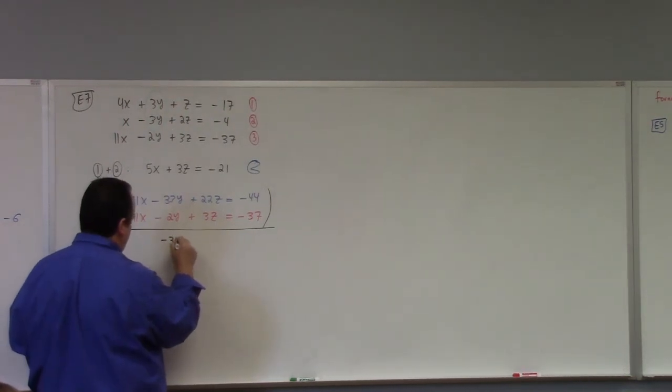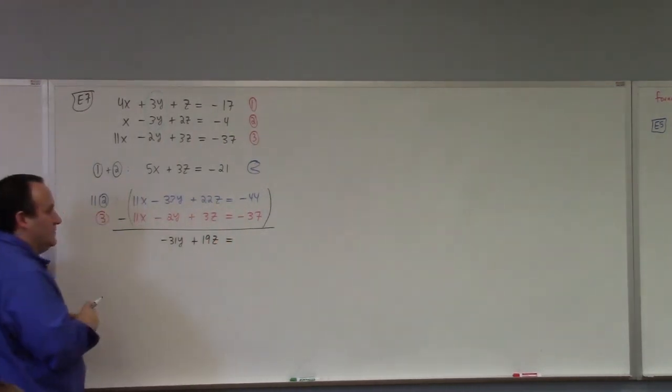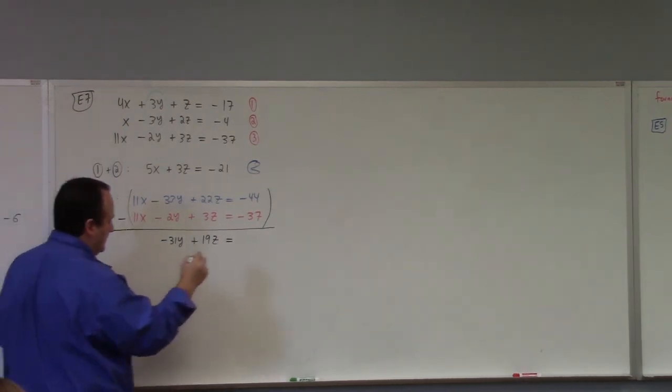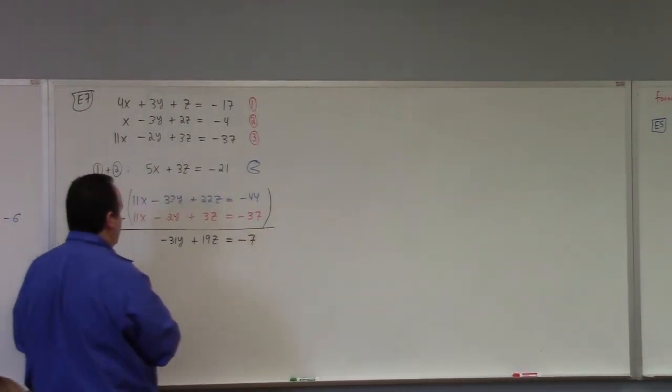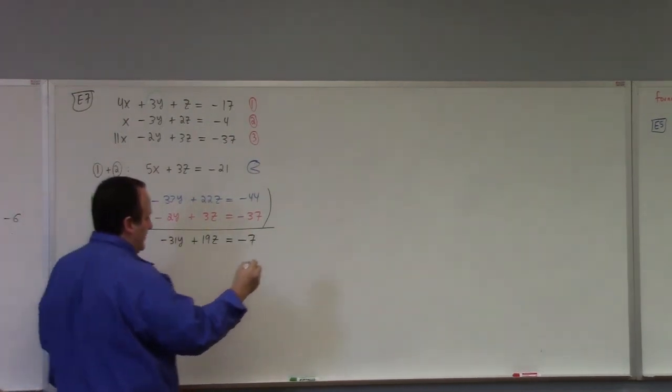Minus 31y plus 19z, right, equals, what's that, minus 7? All right, so let me call that ghost. All right, so then what?